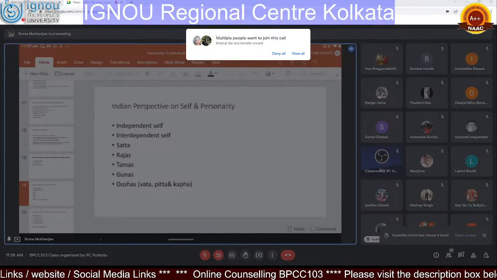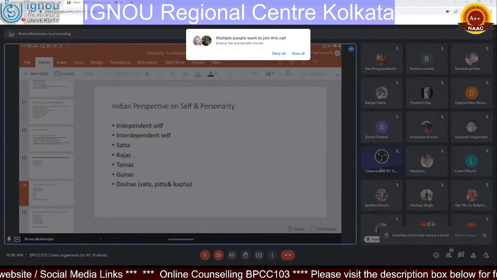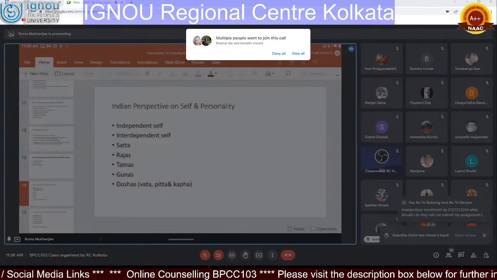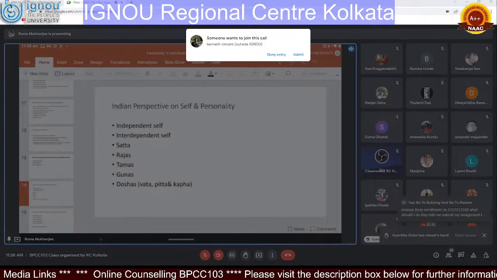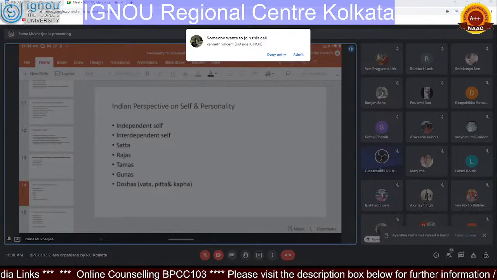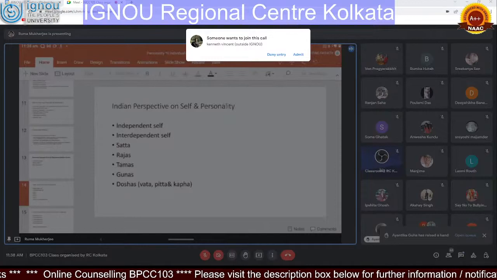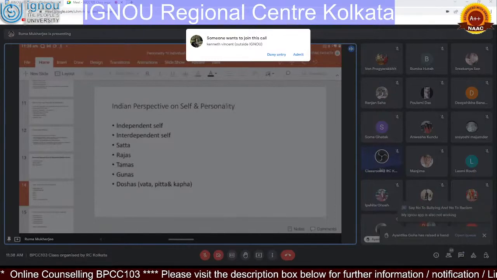Now, each individual will have a prominent dosha reflecting the properties of his or her personality. For example, a vata dominated person will be typically more active. If pitta dominates, the personality will be fiery type.